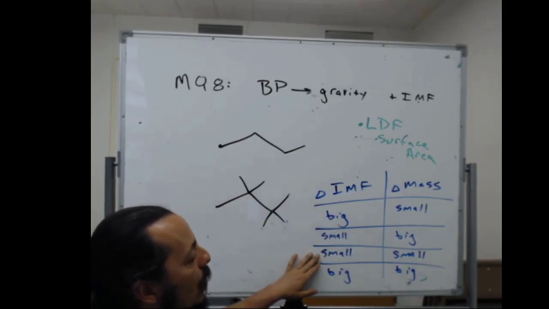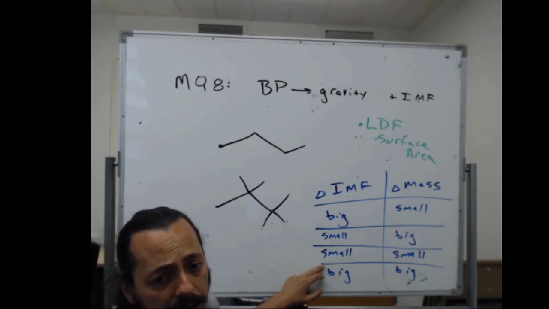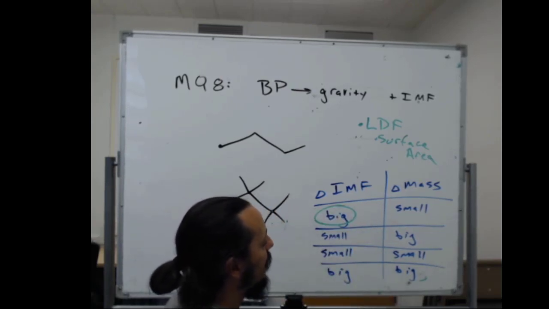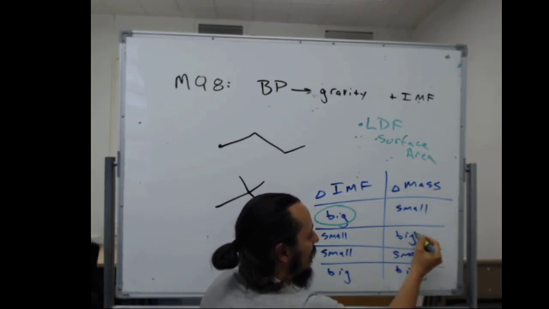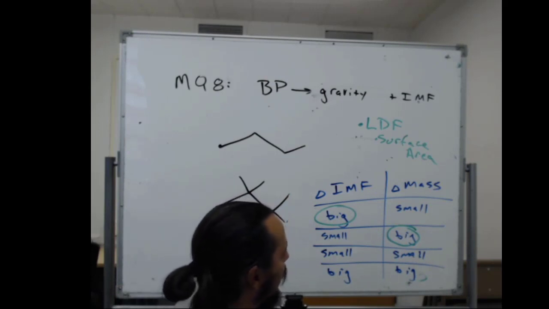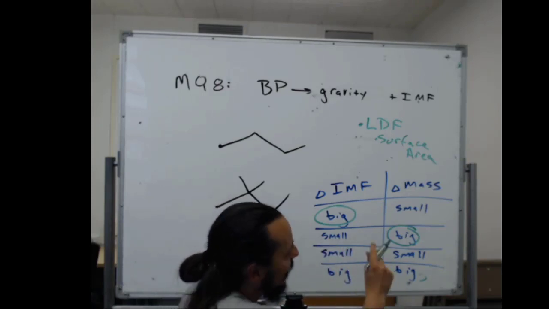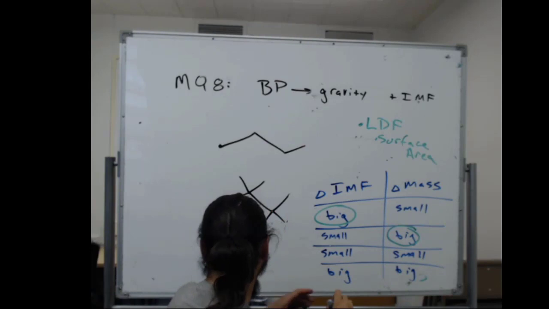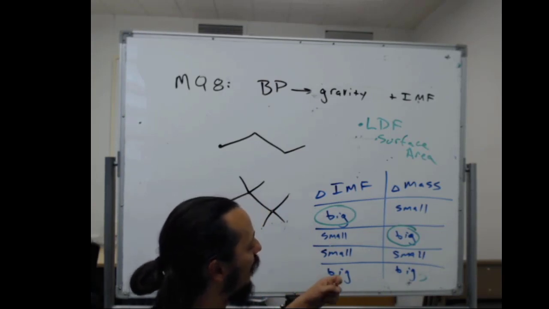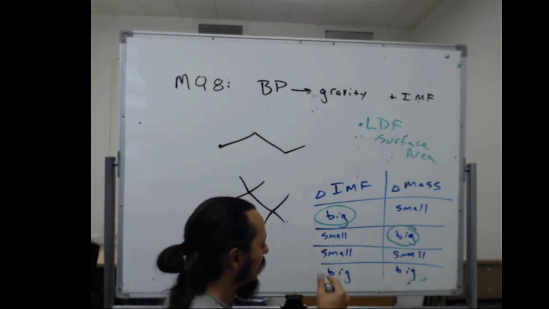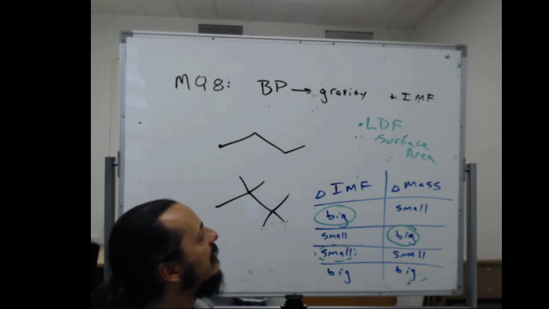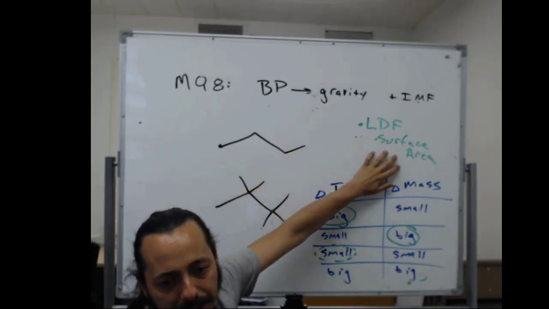If the difference in both is small, the IMFs are probably still going to dominate, because in that situation, the effect of gravity is typically a lot weaker than the IMFs.